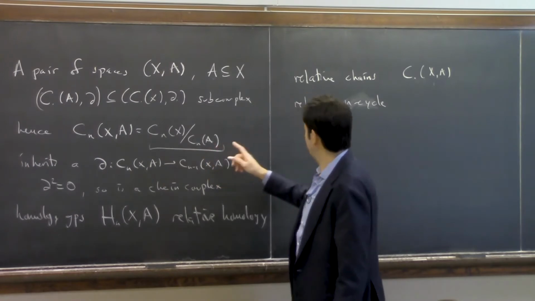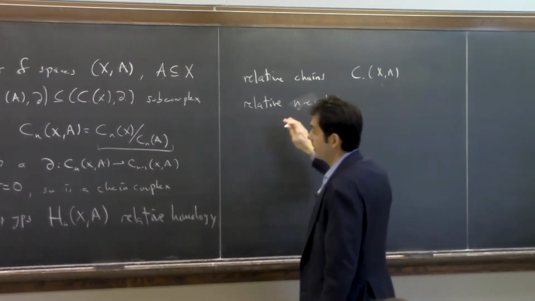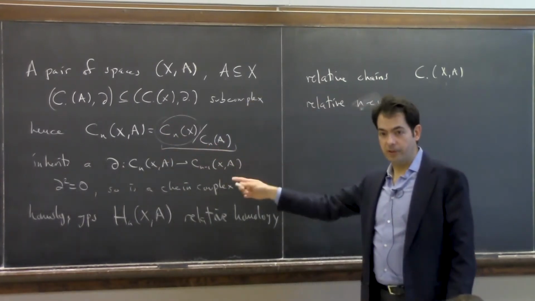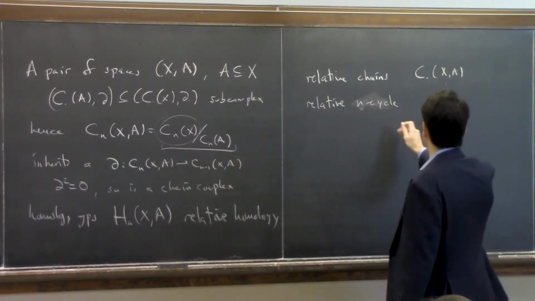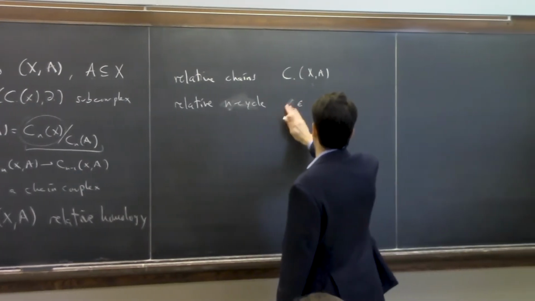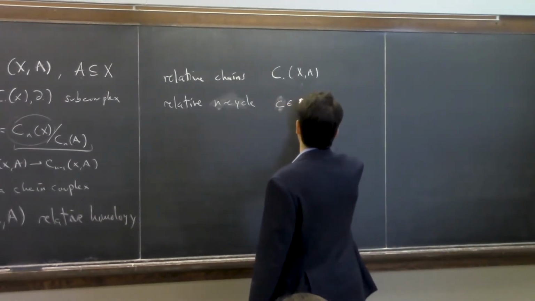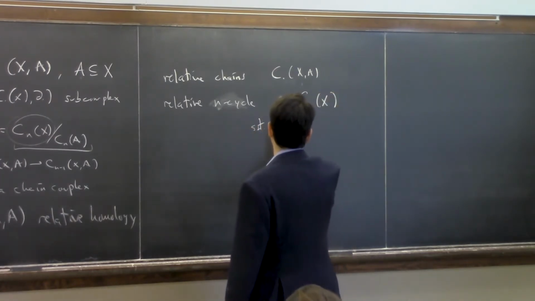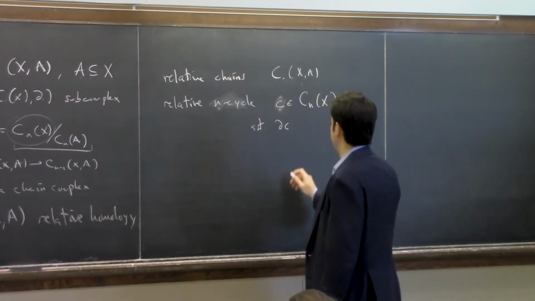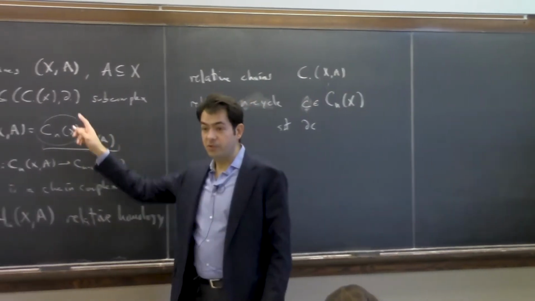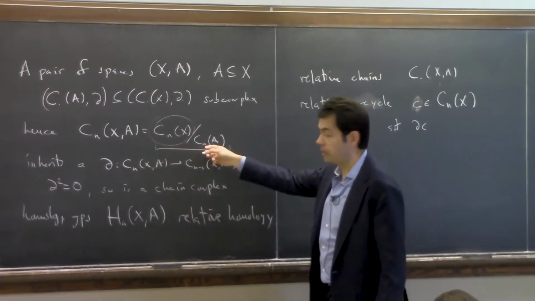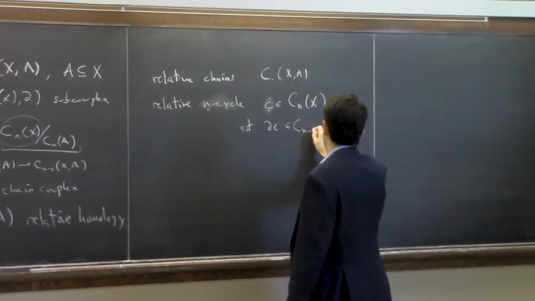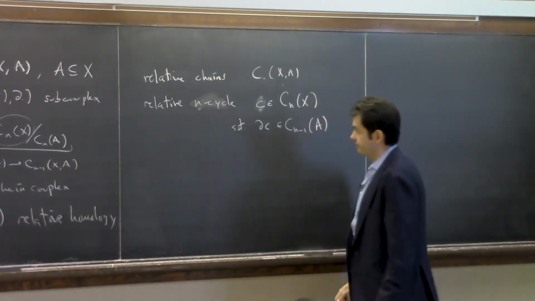So we're going to refer to a relative n cycle as an element of C_n(X) that represents a cycle in this quotient group. The boundary doesn't have to be 0, it just has to be 0 in this quotient group. So it just has to be an element of the thing you're modding out by.